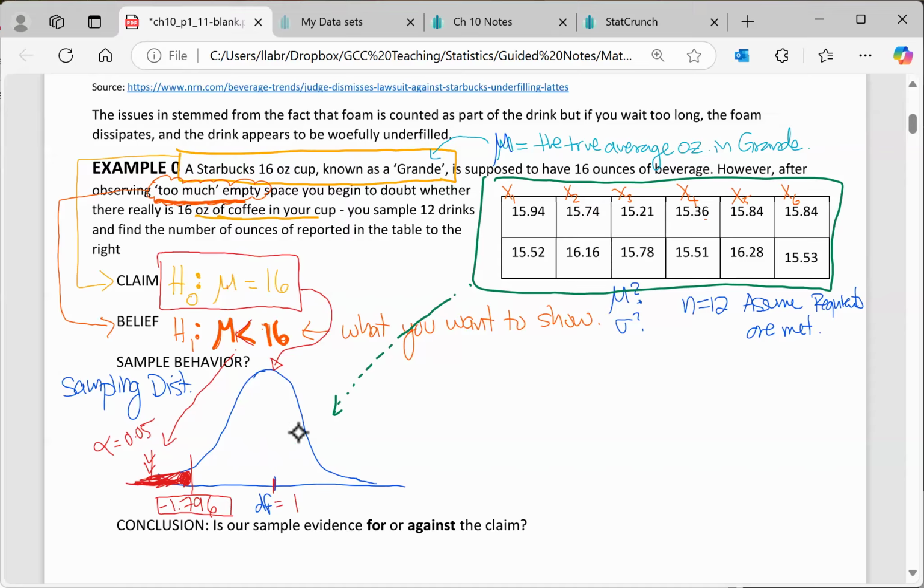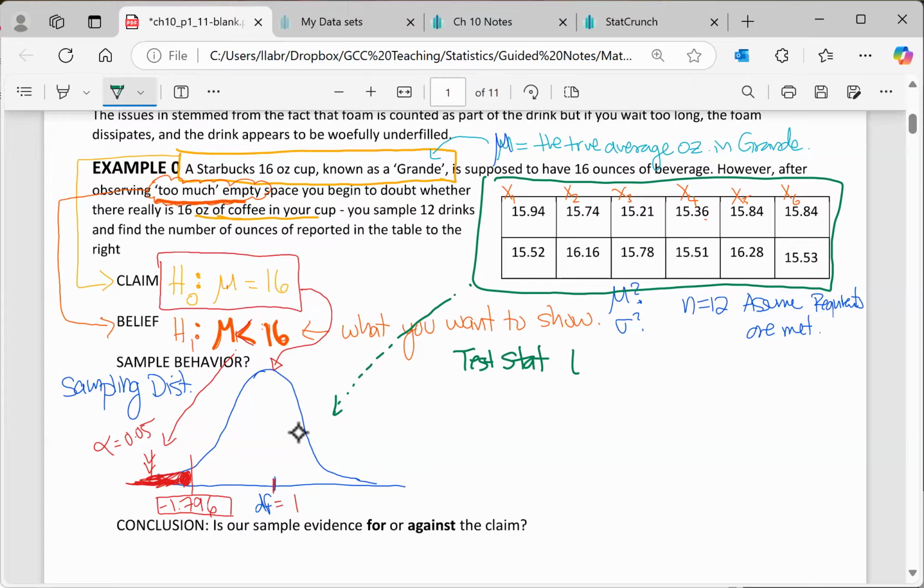So the next question becomes, how do we determine this? And so we're going to determine this by finding what's called a test statistic. And the test statistic is essentially the statistic that we've been making all along.